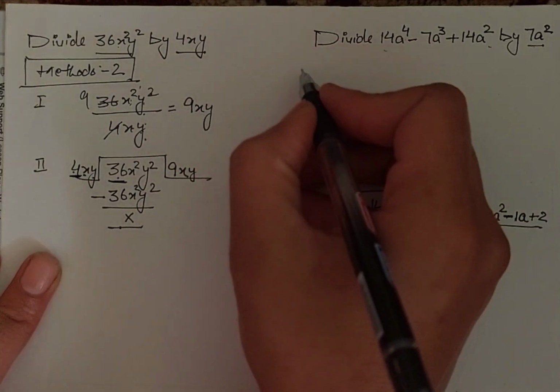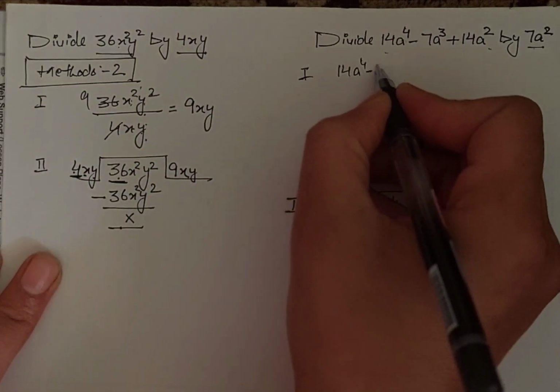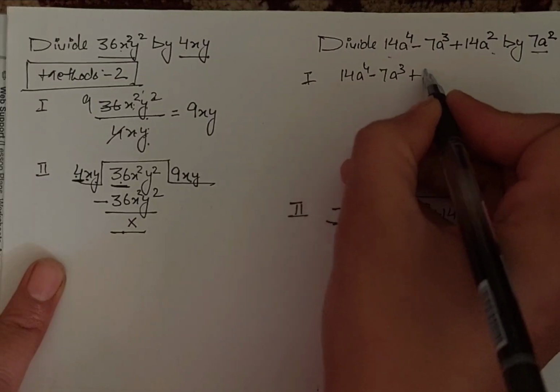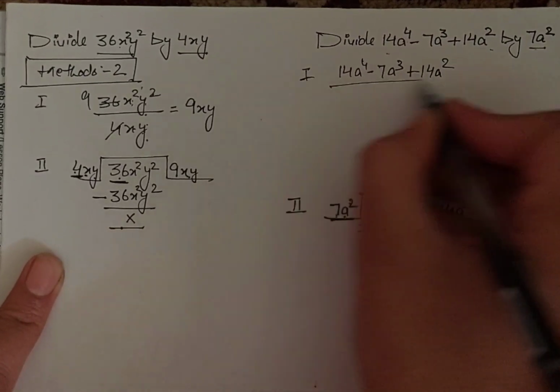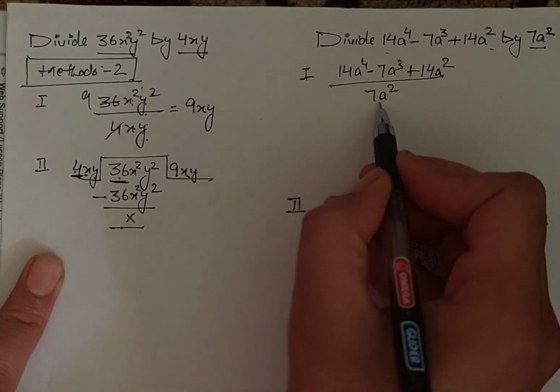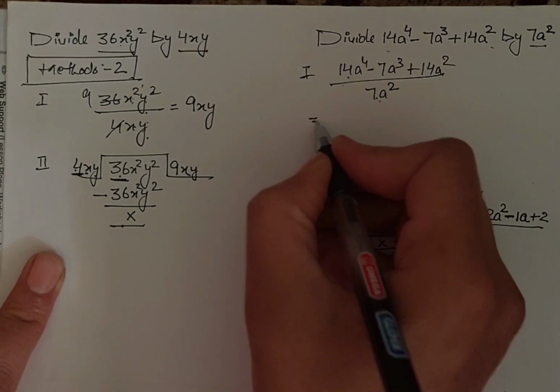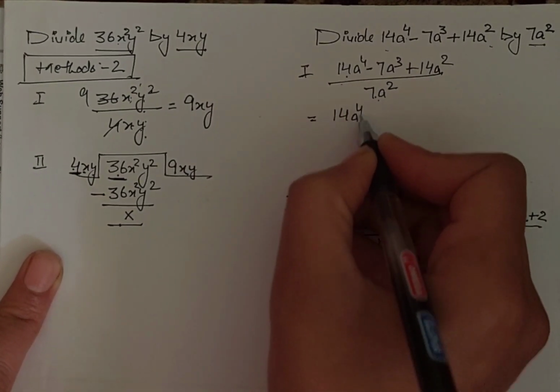Okay, now the first way is exactly like this: 14a4 minus 7a cube plus 14a square divided by 7a square. We have to divide by this, but we cannot cancel it with this only or that only, because it's the denominator of all of them. So first of all we have to give it to all of them.